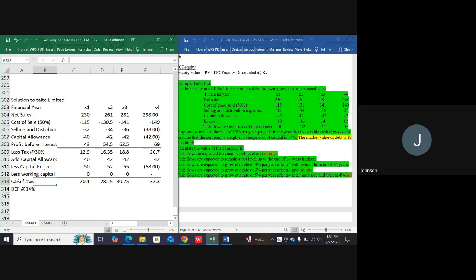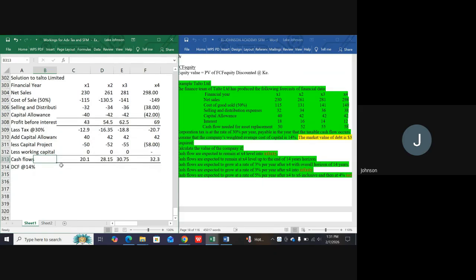Then we need to discount it to be able to get our discounted cash flows, because that is what we use to get the value of a business. We must discount the cash flows using the rate that is given to us so that we can get the value of the business, because all these cash flows are in the future. Look at this one. This is in year 1. This is in 2 years' time. This is in 3 years' time. This is in 4 years' time.